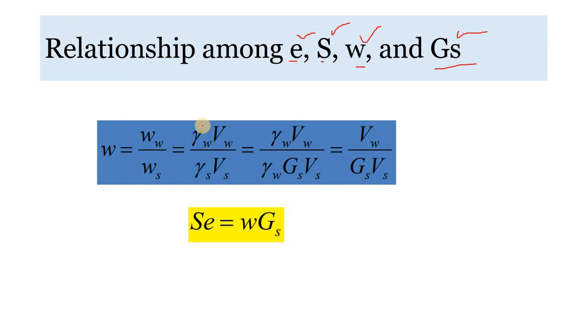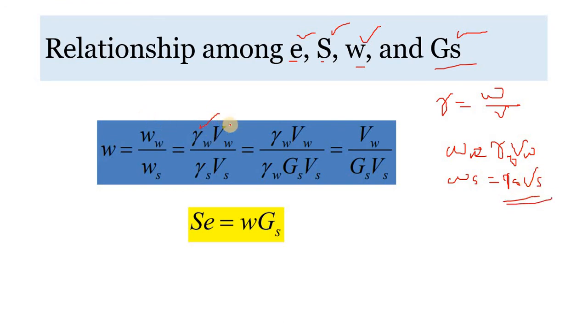Now we know that unit weight is equal to weight upon volume, means weight is equal to unit weight into volume. So weight of water is equal to unit weight of water and volume of water. Weight of soil is nothing but unit weight of soil and volume of soil. Okay, so we can write it down.